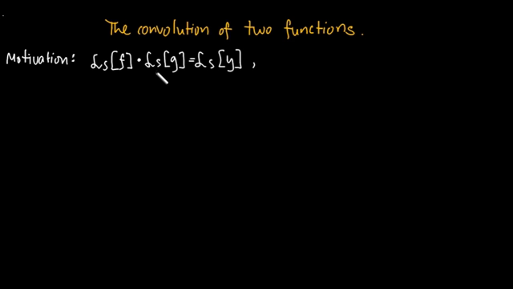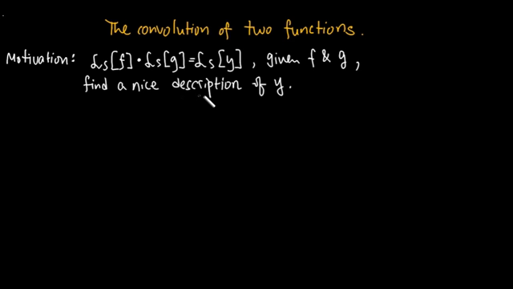If they're multiplied, is there a way to describe y neatly in terms of f and g? So given f and g, we look at each factor and ask what this y could be, so you can phrase it this way and find a nice description of this function y, in terms of f and g, as generally as possible.